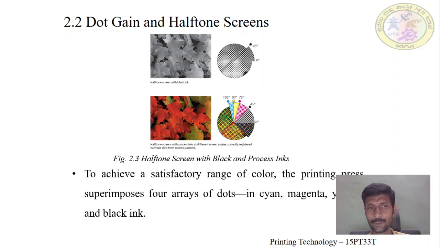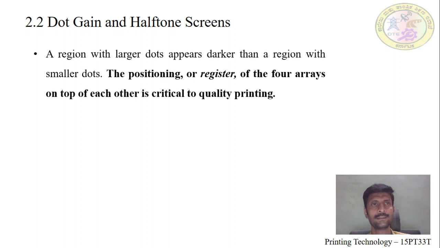I already told you that to achieve a satisfactory range of color, the printing press superimposes 4 arrays of dots. I said pigments. Pigments are also called dots of cyan, magenta, yellow, black ink. The region with larger dots appears darker than the region with smaller dots.